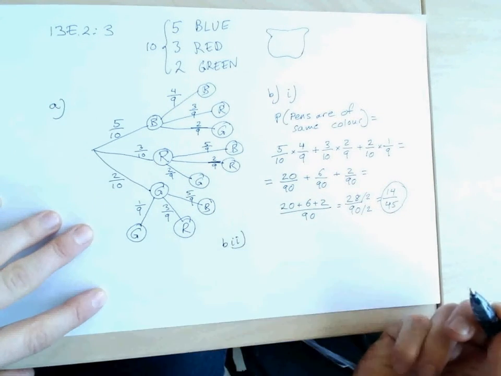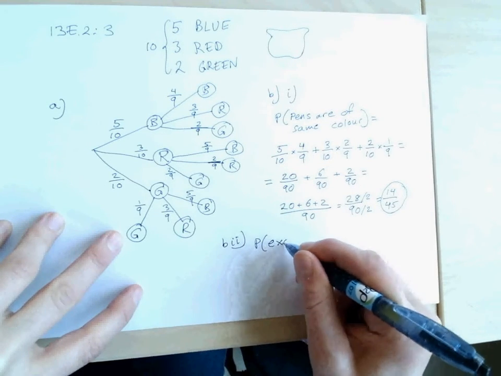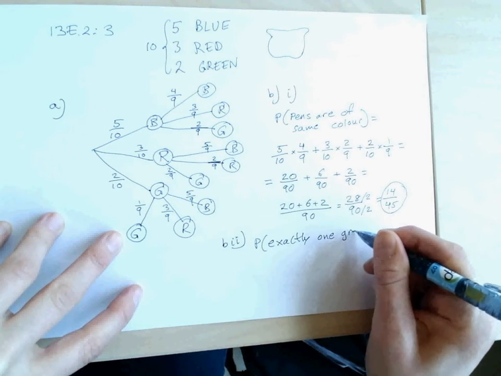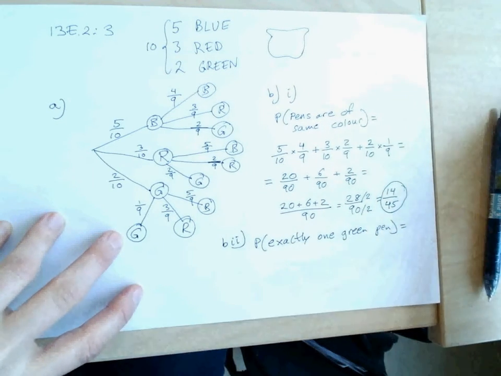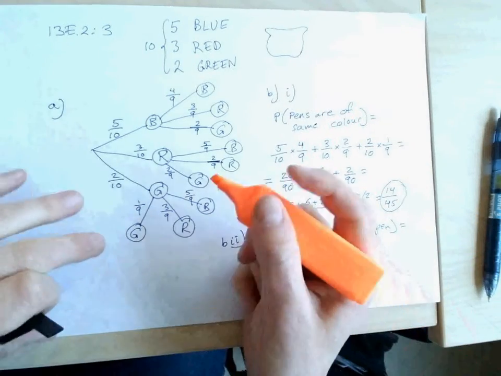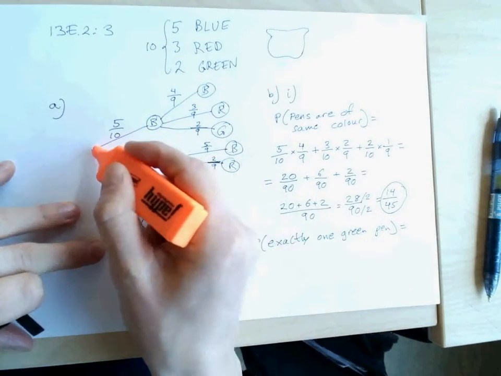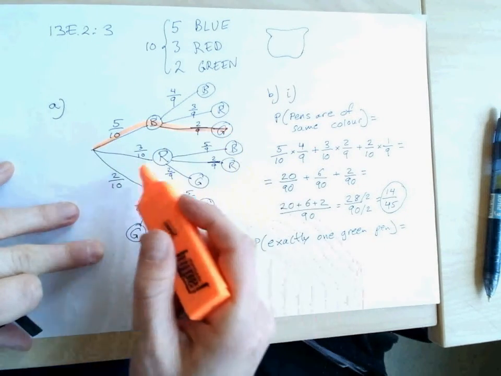In the B2 question, you were supposed to find the probability that you get exactly one green pen. And what we can see then is, okay, how can we get exactly one green pen? Well, you can go blue-green, that is exactly one green.